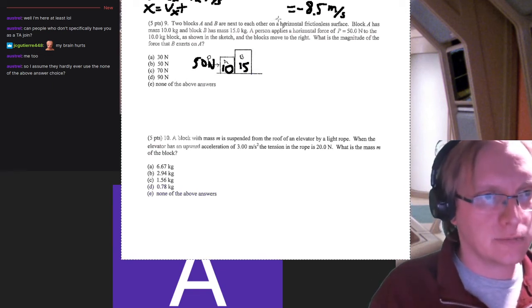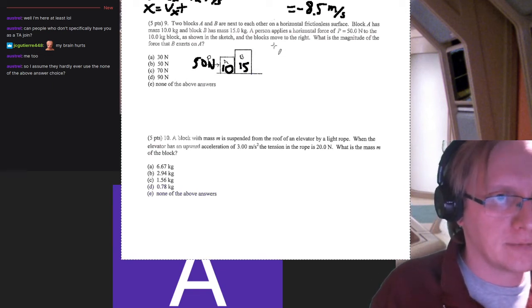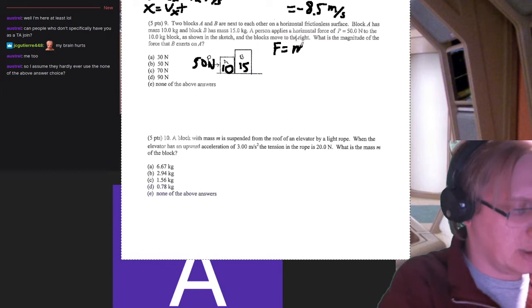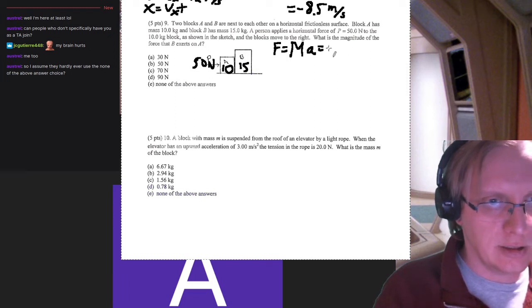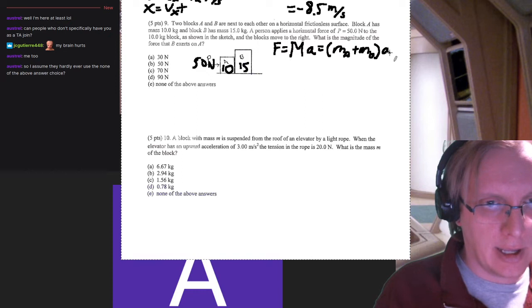All right, so we have that force is equal to mass times acceleration, and let's start with the total mass, meaning the two of them, mA plus mB, times a.